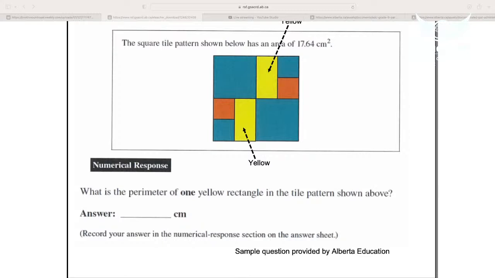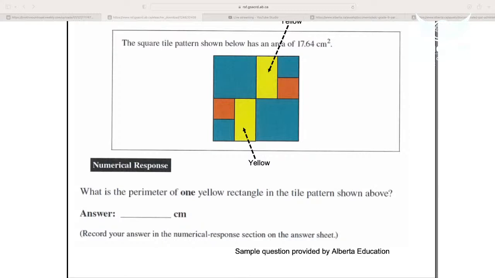The length of the yellow rectangle will be half of this side, so 21. And the width of this yellow rectangle will be a quarter of the side length, so 42 divided by 4, so it's 10.5.